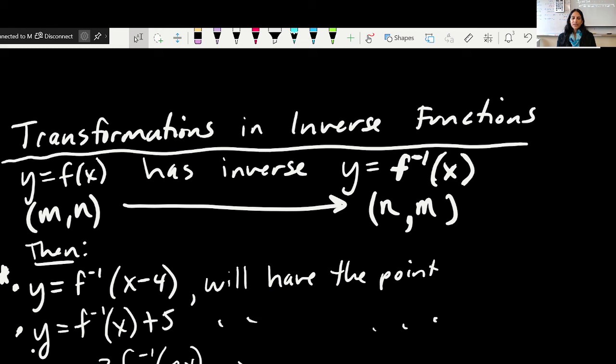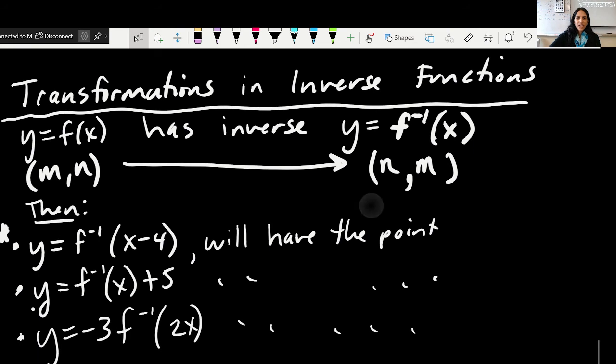Okay, so then applying this, let's take a look at what goes on here. If I want to do this first question here, let me get rid of that. So if I want to do this one here, y equals the inverse of x minus 4, it will have the point, well, let's think our way through this.